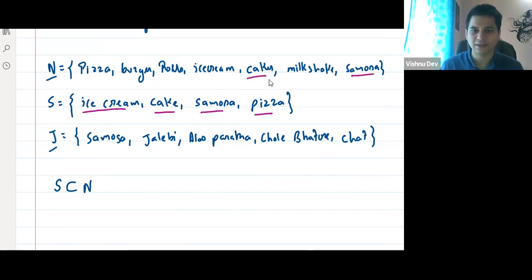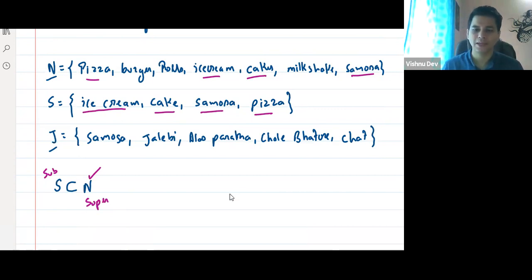Yes or no? So that is your subset. Every element is represented. It is an inverted U. The open side represents superset. The closed side represents subset. This is subset, and this is superset. Simple.